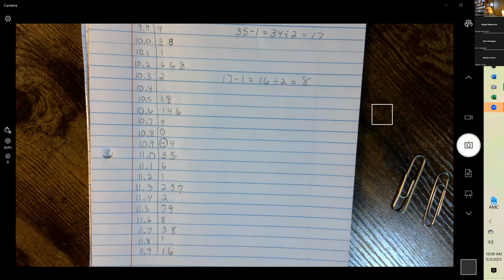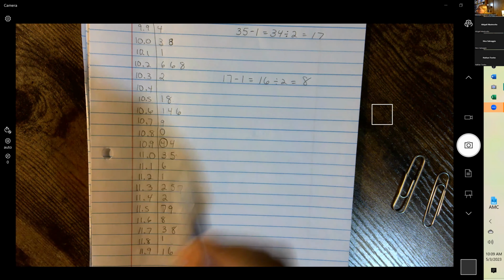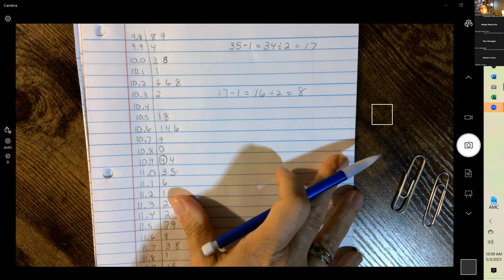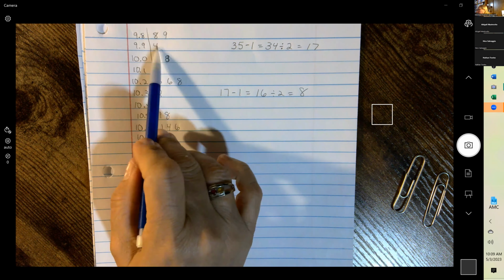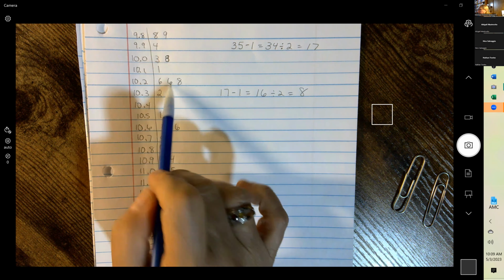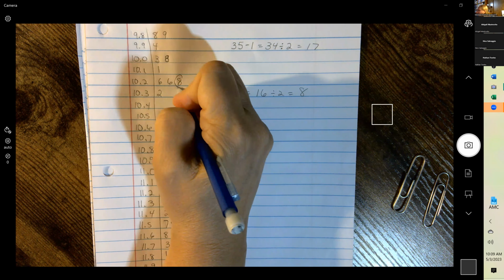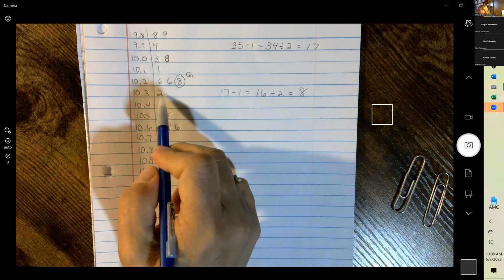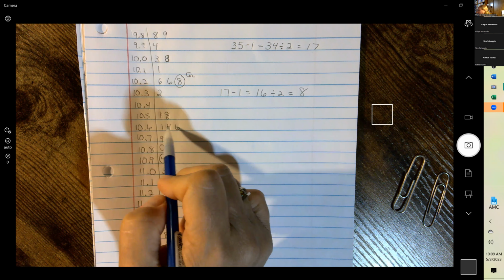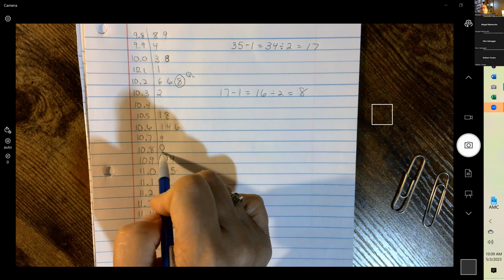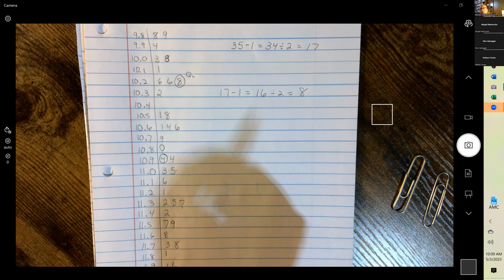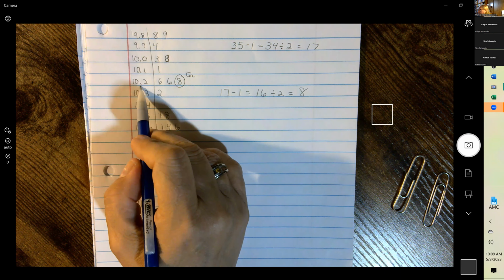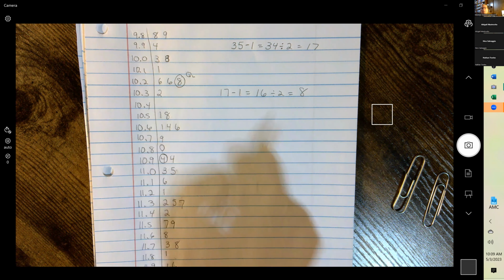So you would count 8, and then the next one, the 9th one, is your median. 1, 2, 3, 4, 5, 6, 7, 8. So this should be the lower quartile. 8 on each side. 10.28.